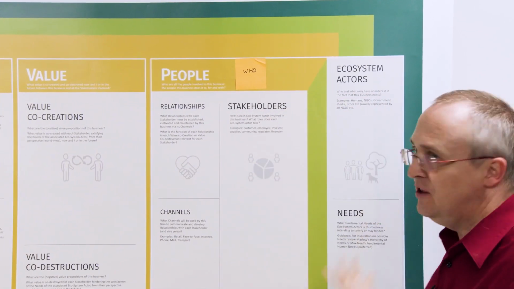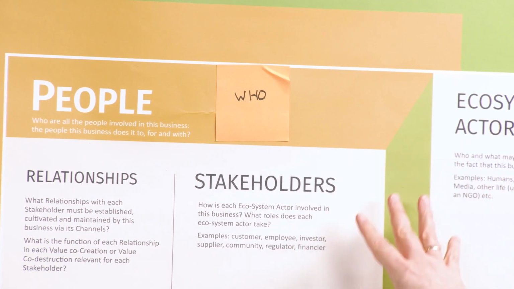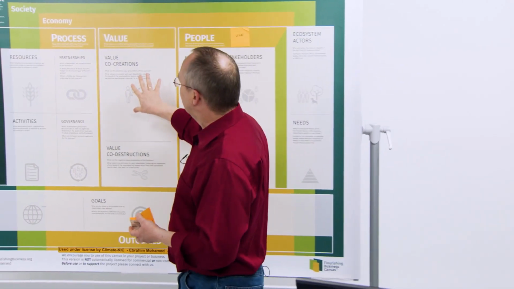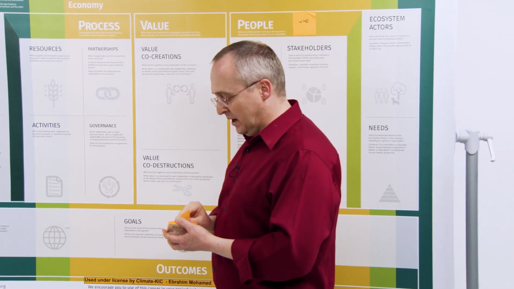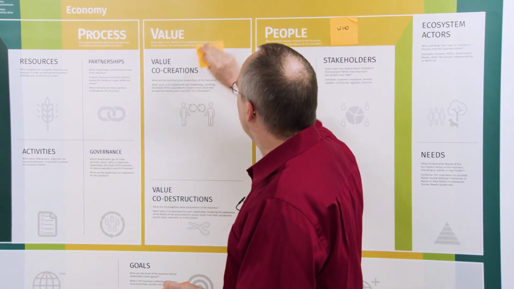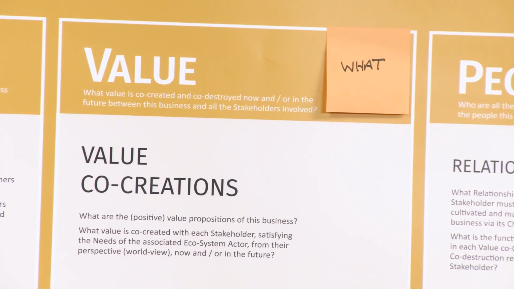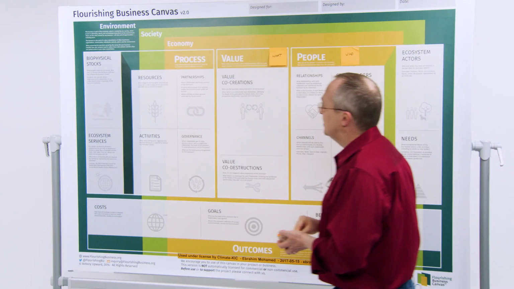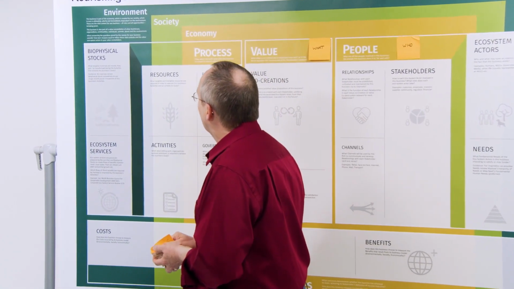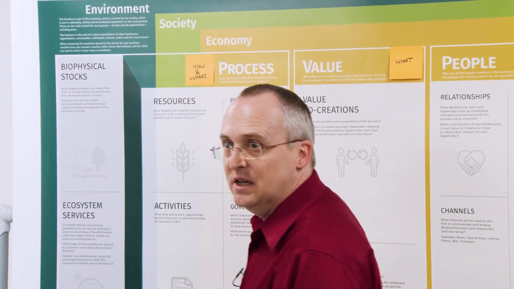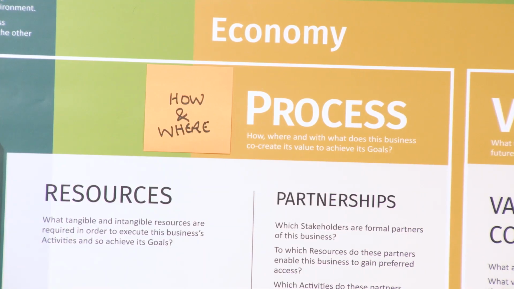Everything going on in this perspective relates to who is involved. The second perspective is the value perspective. This is all about what it is that you do with the people that are involved in your business. The third perspective is the process perspective. This is all about how you do your business and where it happens.